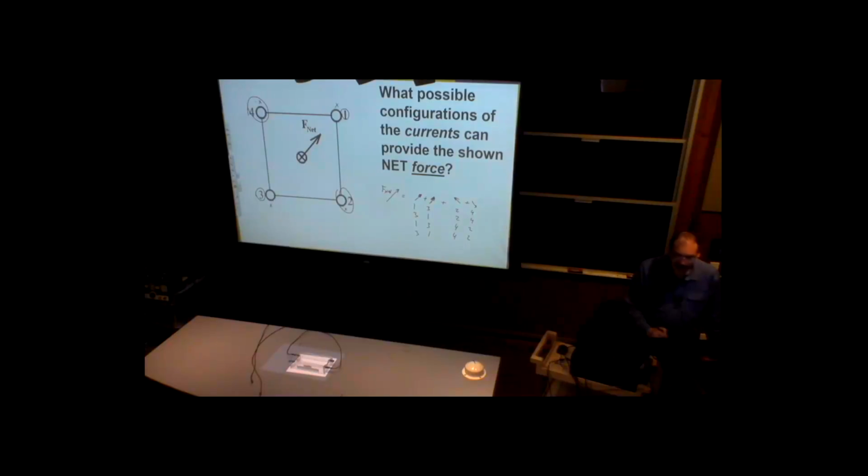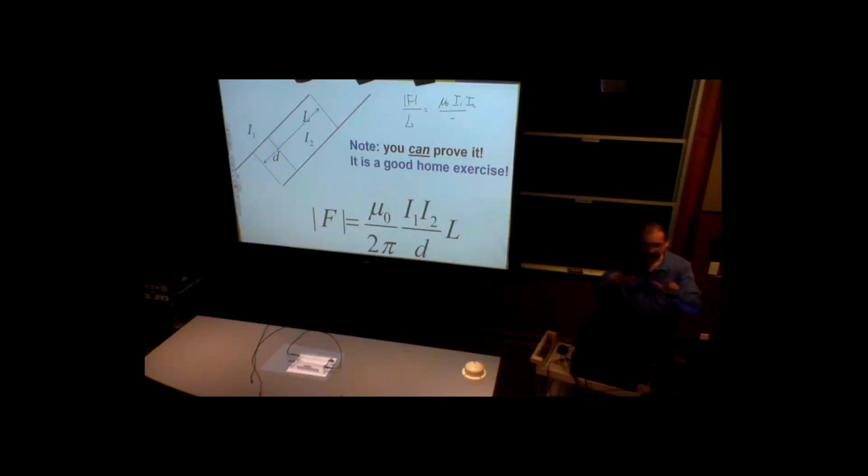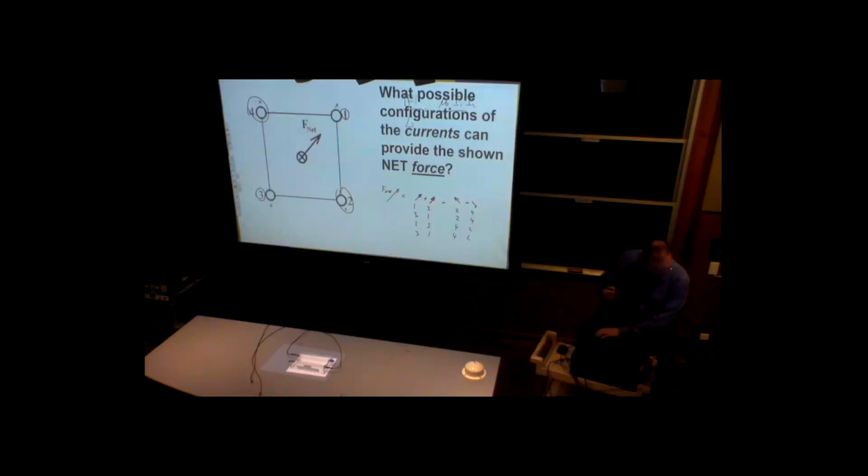So if I want wire 1 to attract the wire in the middle, how should I direct the current in wire 1? Attraction means they have to be parallel. So if I want wire 1 to attract it, it has to be parallel. So that's it for wire 1. But now, if this is my wire 1, my wire 3 is supposed to repel the wire in the middle.